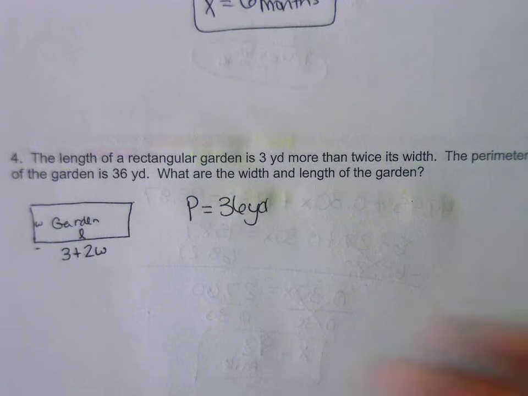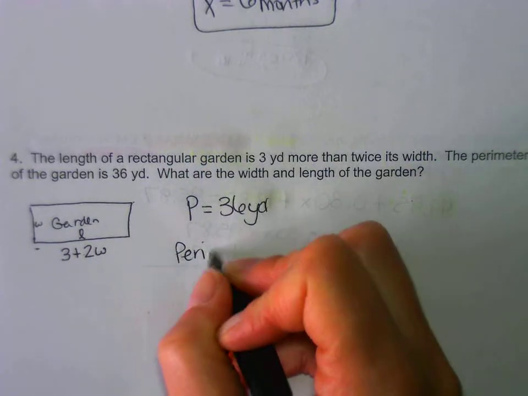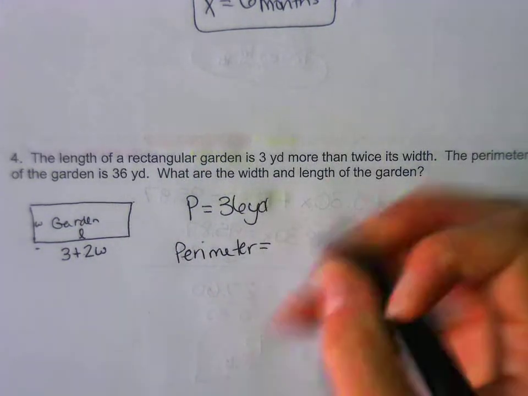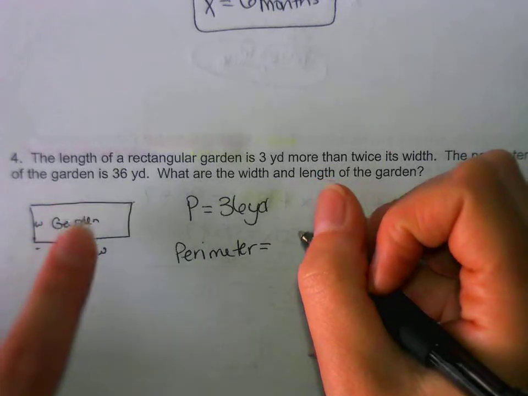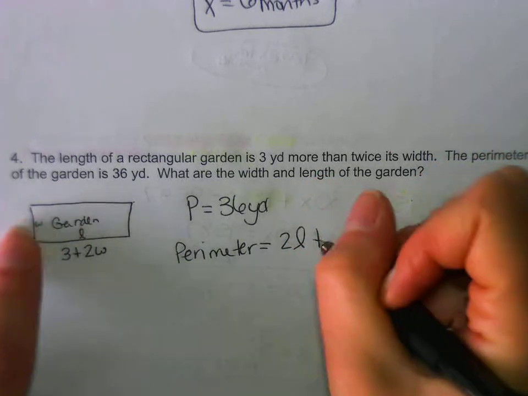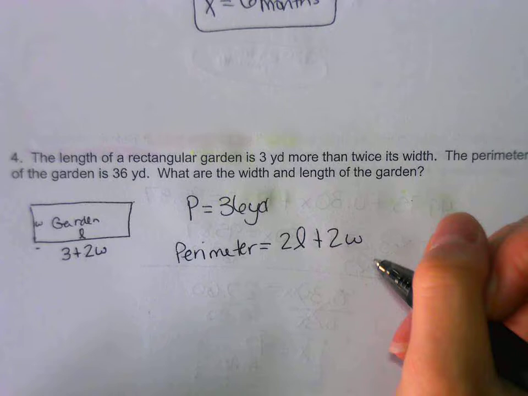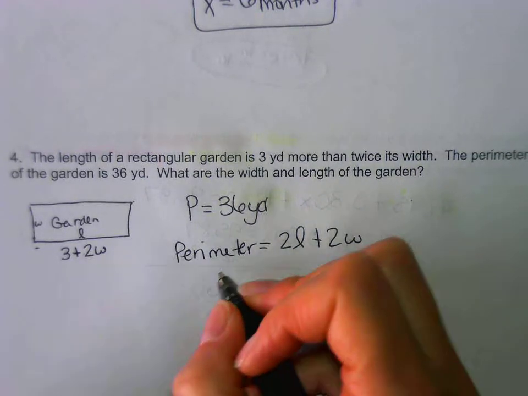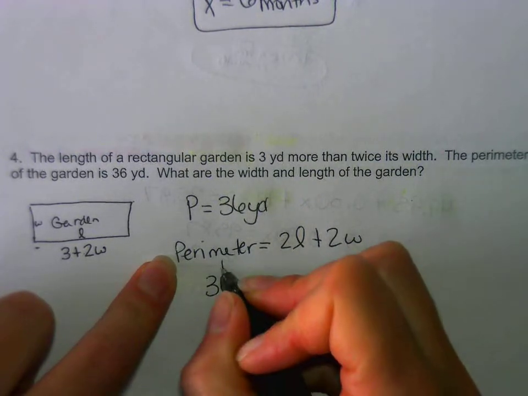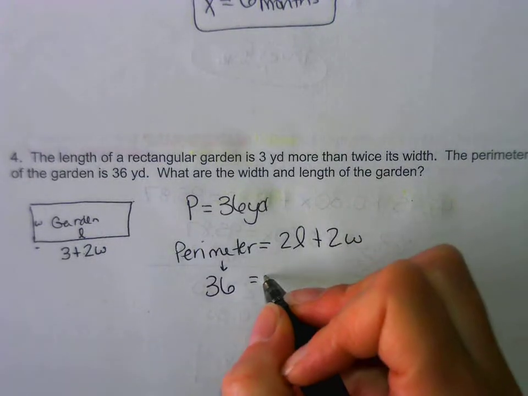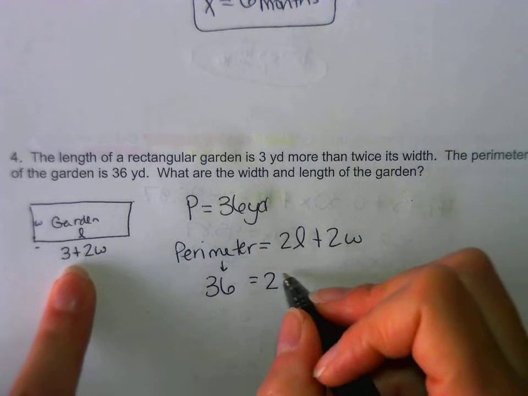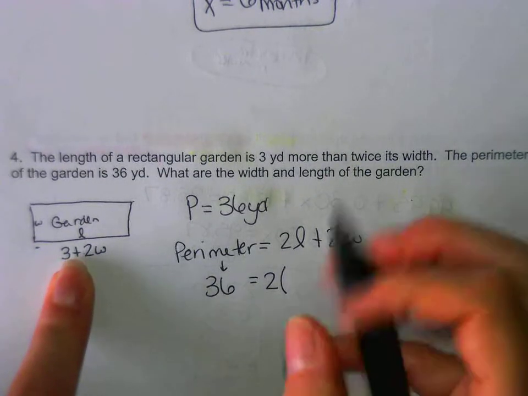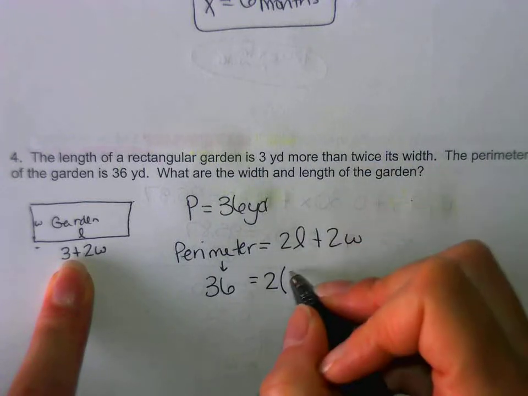So when we're actually doing a perimeter problem, what that means is you have 2 lengths and 2 widths that you are going to be adding together. My perimeter I know is 36 because that's what it tells me. My length though is a little different because of the different wording up here, so it's going to be 3 plus 2w.